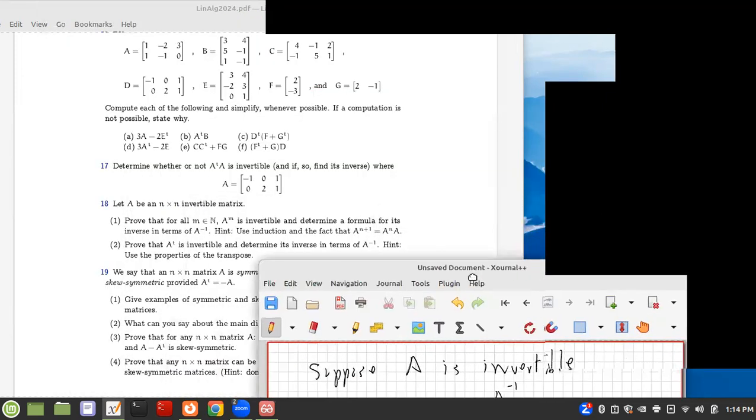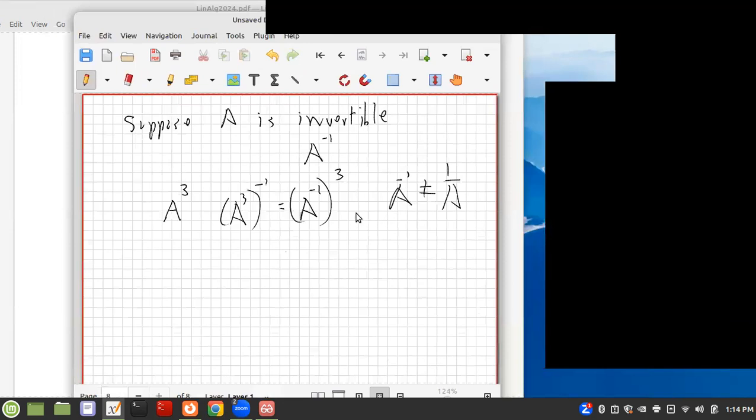So for example, I kind of wrote it down as A cubed and then took the inverse of A cubed, and then I got the product of A inverse and A inverse, you're saying that's applicable as well? Right, because we can say that this is A to the -3 if what we mean is A to the -1, A to the -1, A to the -1. So I thought of that as A cubed and then in parentheses the inverse of that, and then I just distributed it like using the properties of exponents.